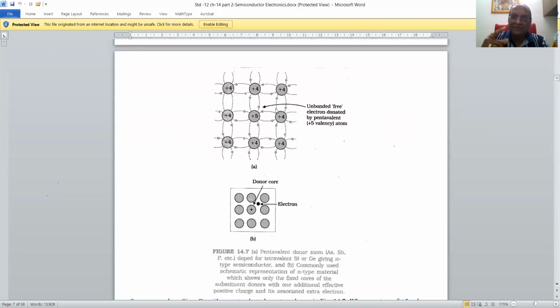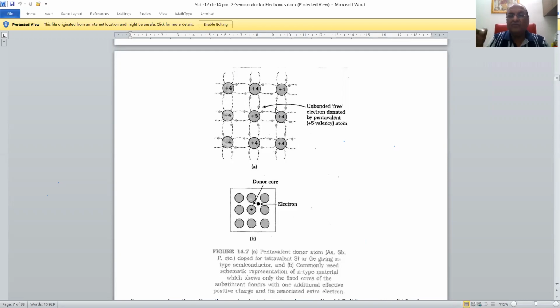બરોબર? તો હવે જુઓ, 10⁶ એટમે તમે એક ઇમ્પ્યોરિટી એટમ મૂક્યો. It implies that per mole, એટલે કે 10²³ માં કેટલા એકોમોડેટ કરી શકાય?